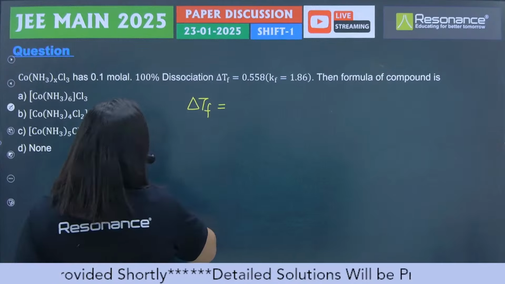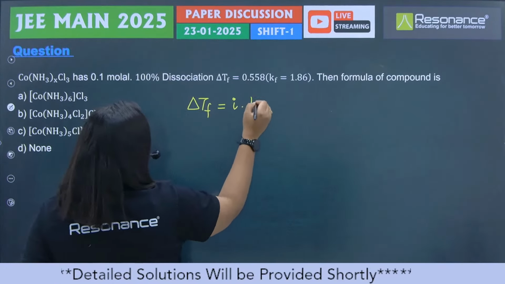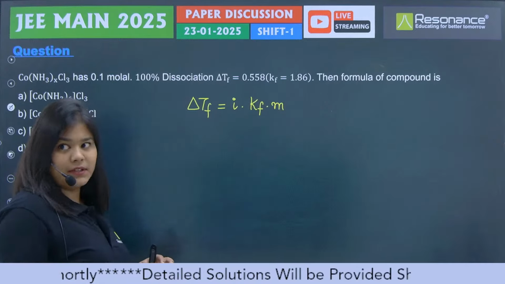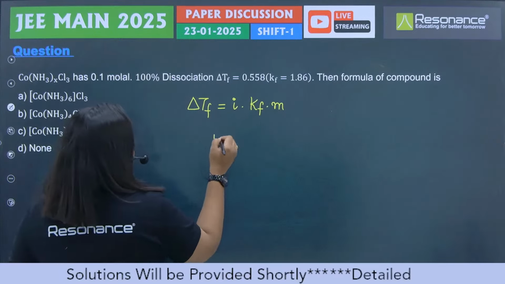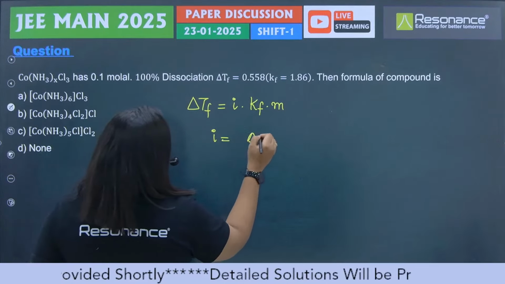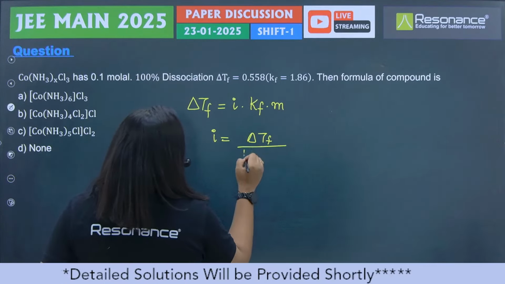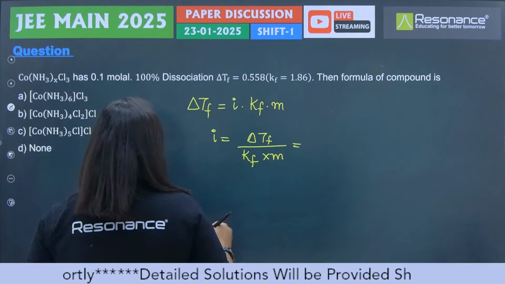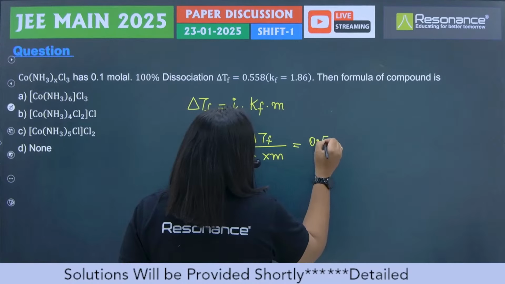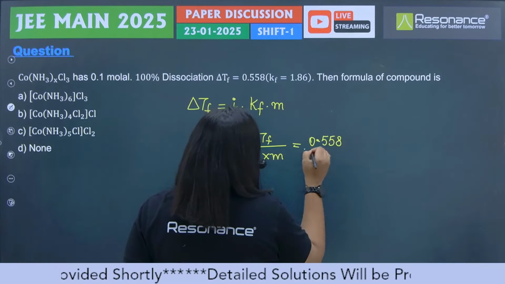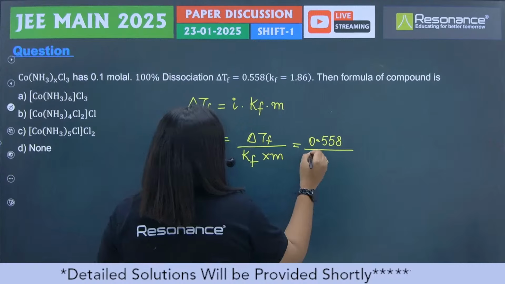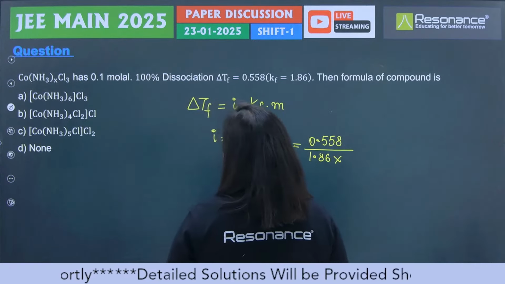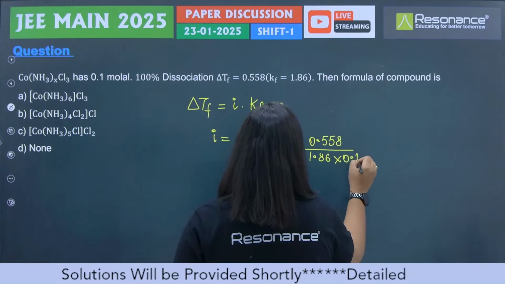What's the formula? Delta Tf equals i into Kf into molality. So delta Tf divided by Kf into m. Delta Tf is 0.558, divided by Kf, 1.86, into molality 0.1.